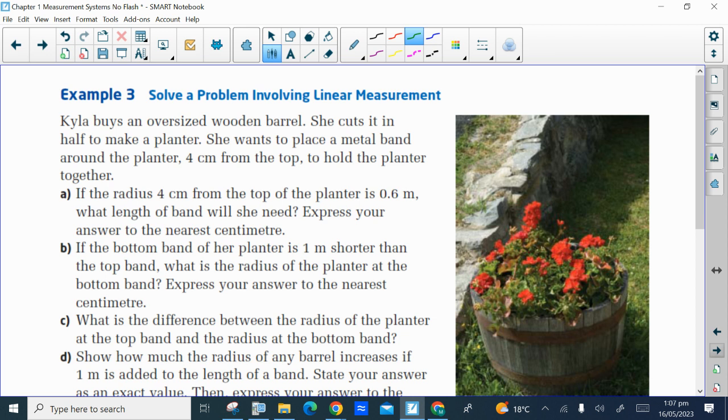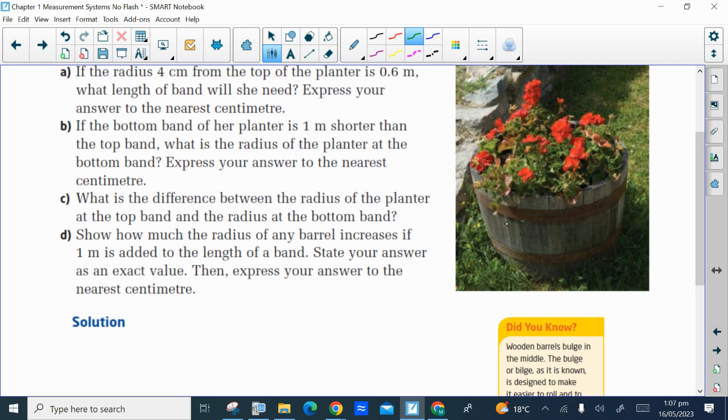Okay, example 3. Kyla buys an oversized wooden barrel. She cuts it in half to make a planter. She wants to place a metal band around the planter 4 centimeters from the top to hold the planter together. So that's what this picture shows. Here's the metal band right there.